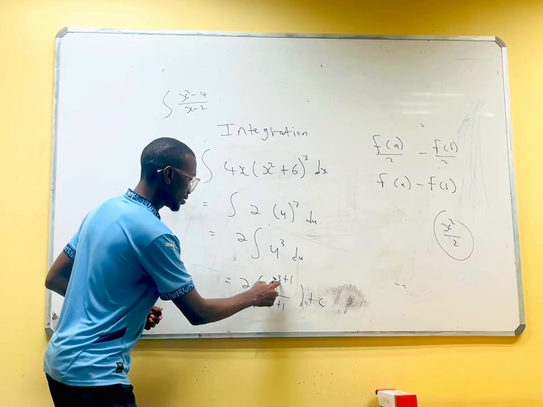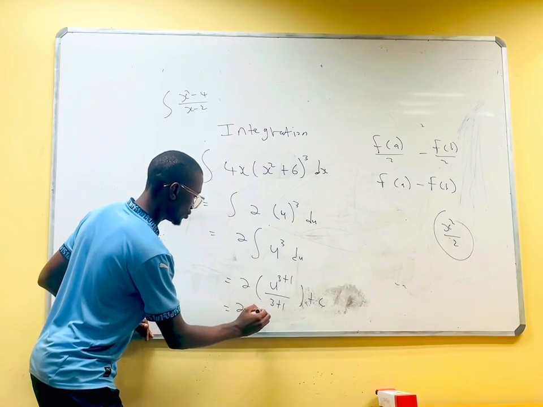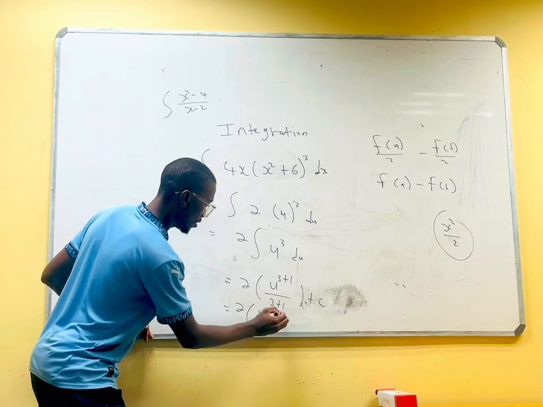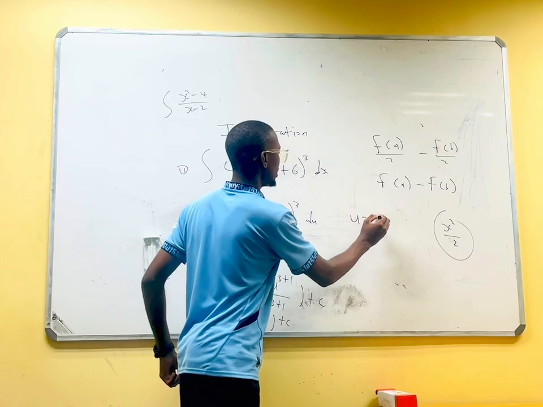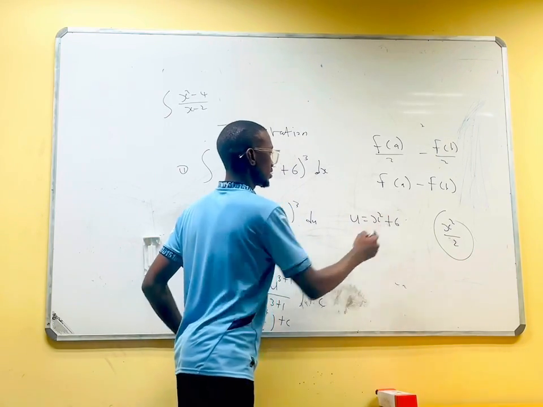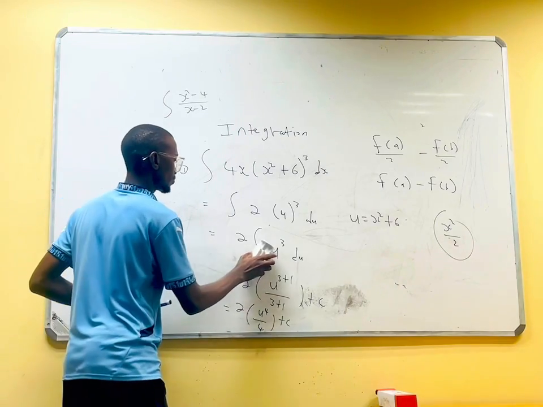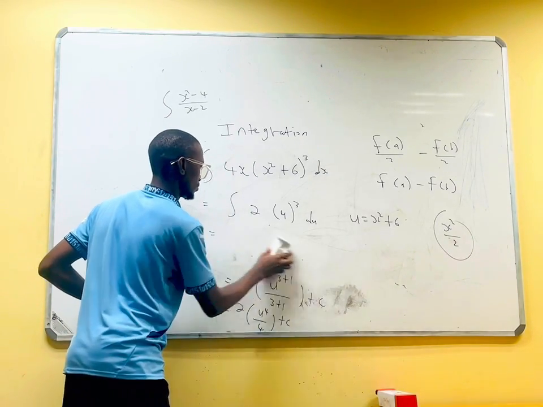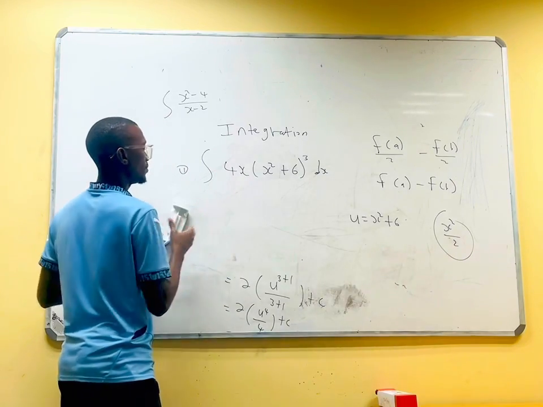So now, 3 plus 1 is 4. So I'm going to have 2 into u to the power 4 over 4 plus c. Remember, who's our u? Our u was basically x squared plus 6. Remember? So now I have to write that guy. So I'm going to be having this guy.